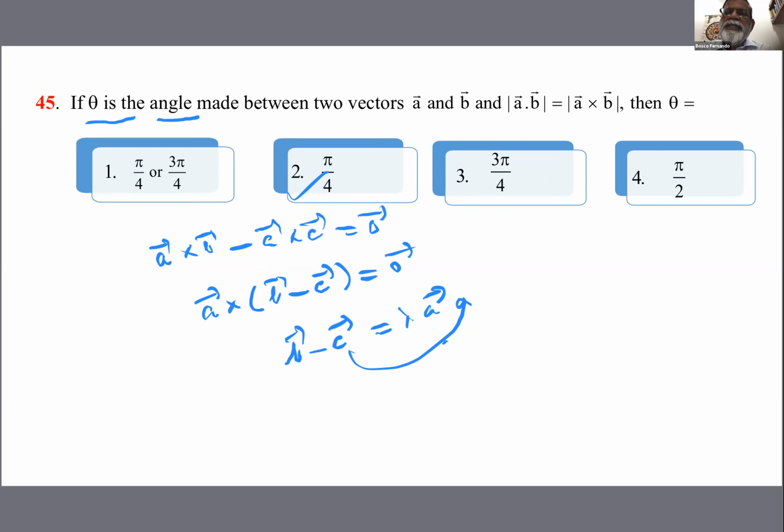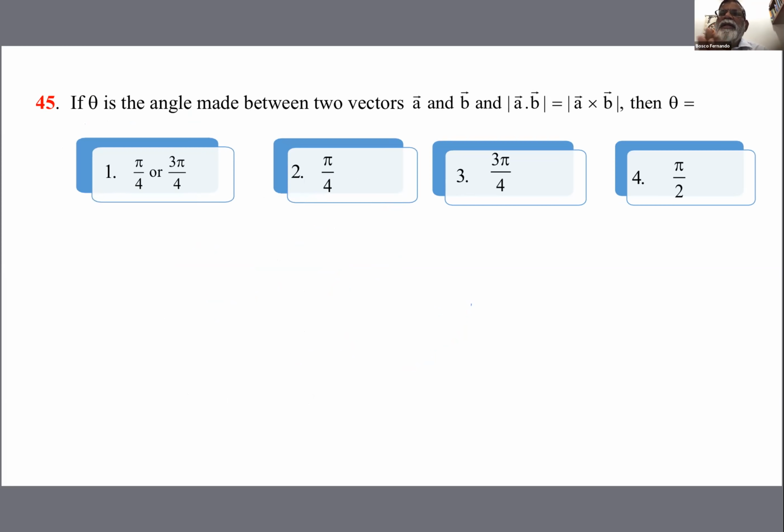Now look at this question. What is the angle between the vectors A and B if modulus of A dot B is the length of the vector A cross B? This is not the length, this is modulus.